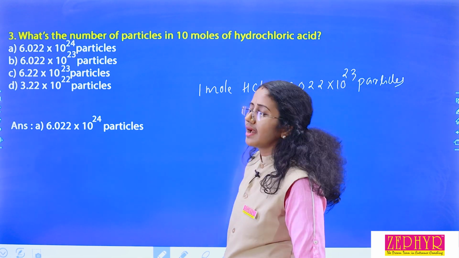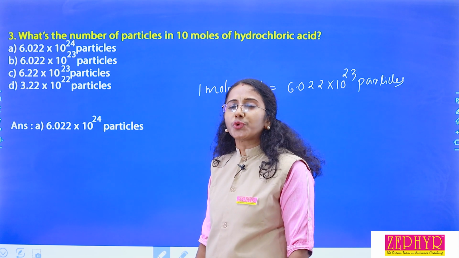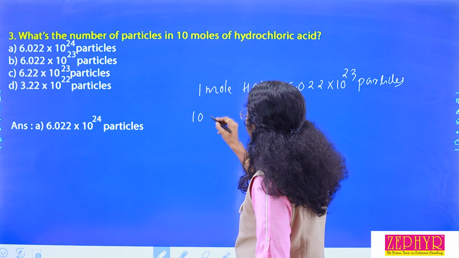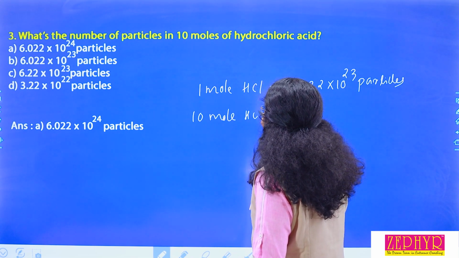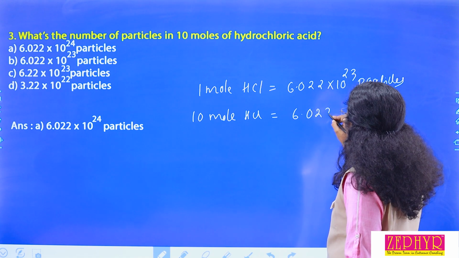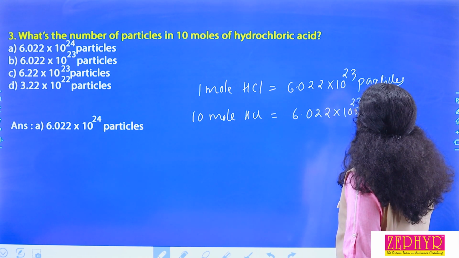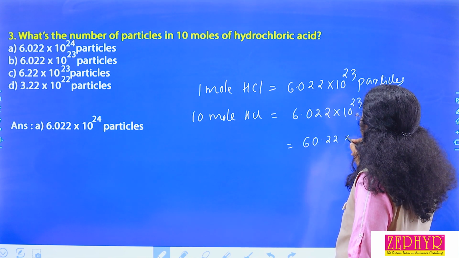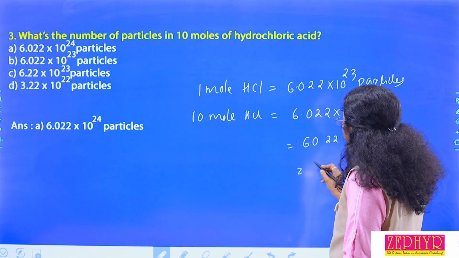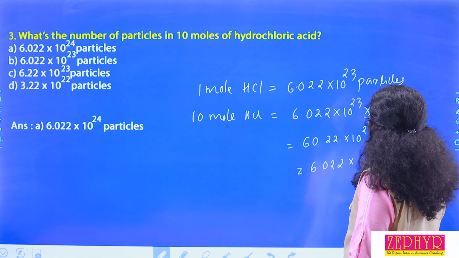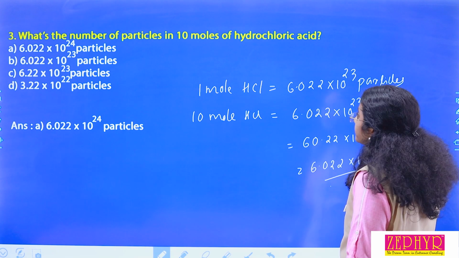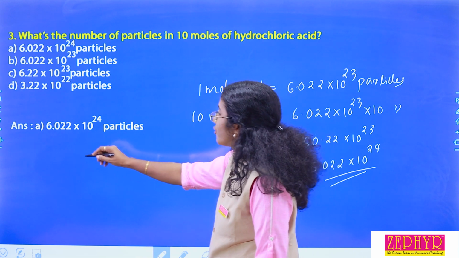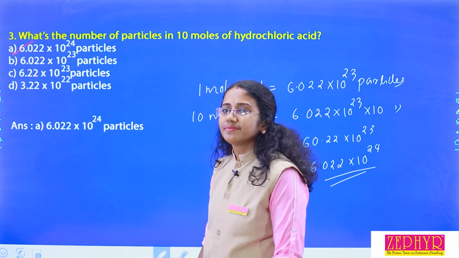So what about in case of 10 mole? 10 mole HCl is 10 multiplied with 6.022 × 10^23 particles, that is 60.22 × 10^23, or 6.022 × 10^24 particles. Answer option is A.